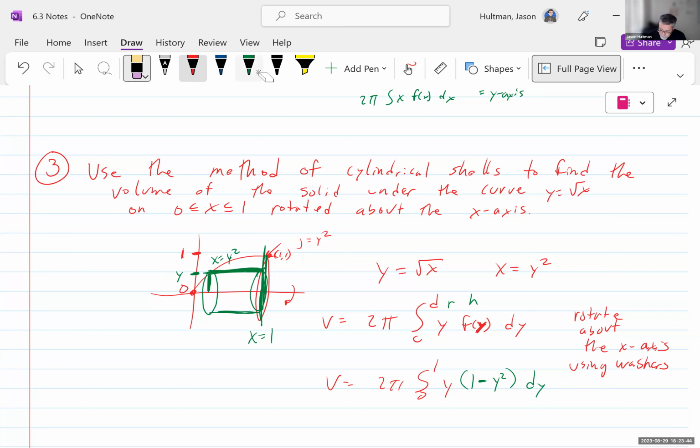Okay, so this really wasn't f of y. This would be f of y minus g of y, in which f of y would be my x equals 1, so f of y equals 1, and then my g of y would be my x equals y squared.